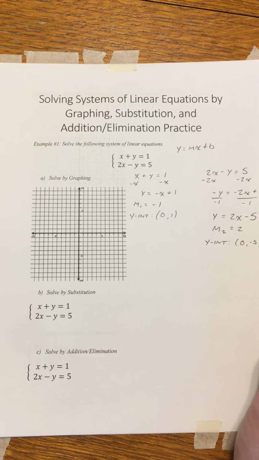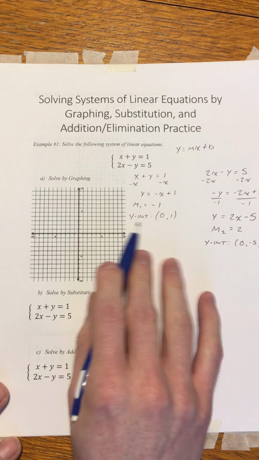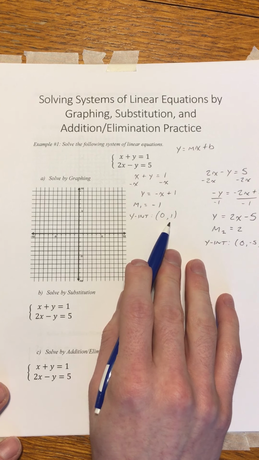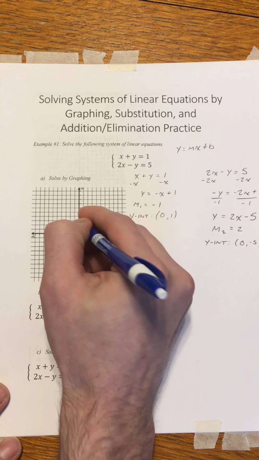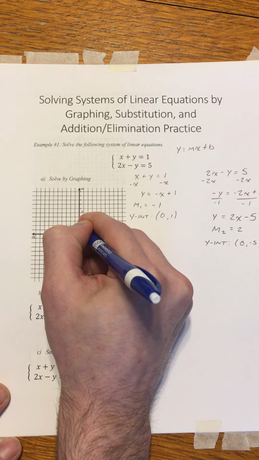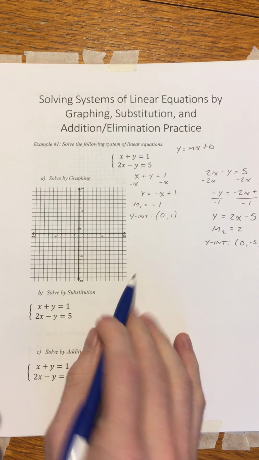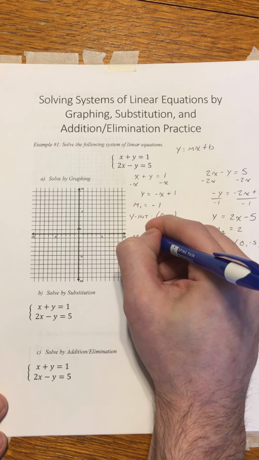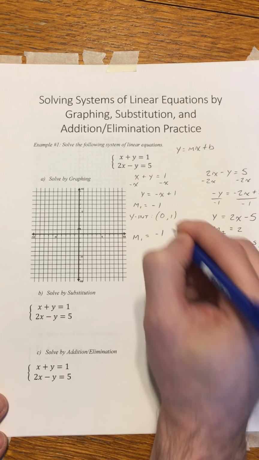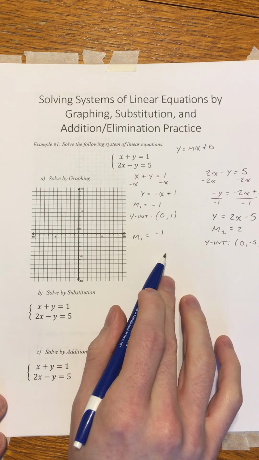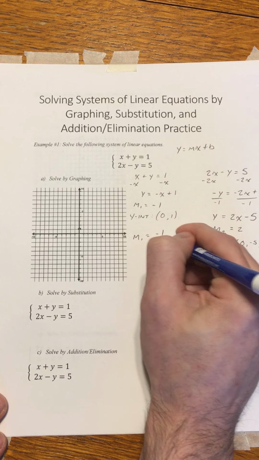So now we can work with this first one. Our y-intercept is at (0, 1). So at (0, 1), this is one point on our line. To find a second point, we look at what our slope is. Remember, we have negative 1. Every whole number can be a fraction divided by 1.